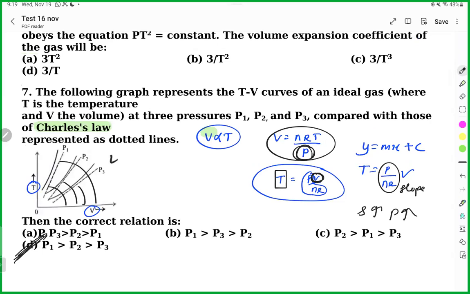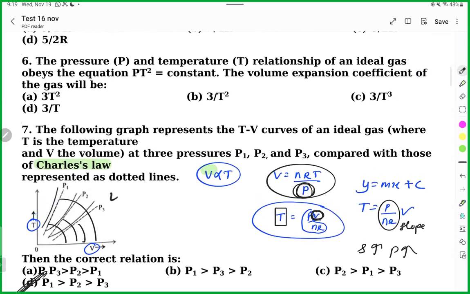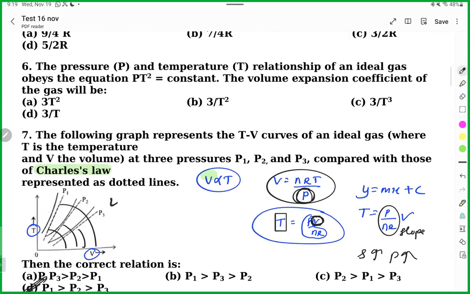Though this is a JEE question, it is the simplest question in the simplest form. Volume expansion coefficient.